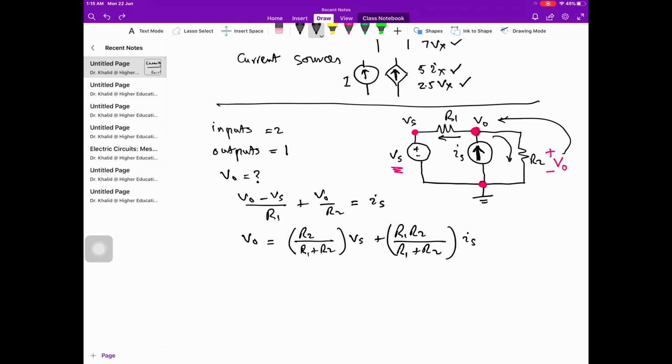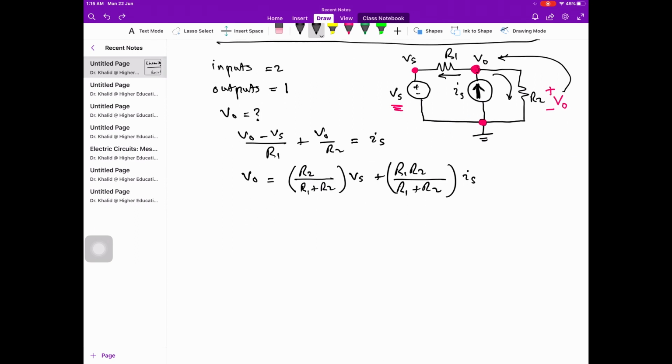Now, the coefficient of Vs and the coefficient of Is are constants due to the resistances. So we can say this is K1 and this is K2. We see that the output voltage is a linear sum of the two sources, Vs and Is.